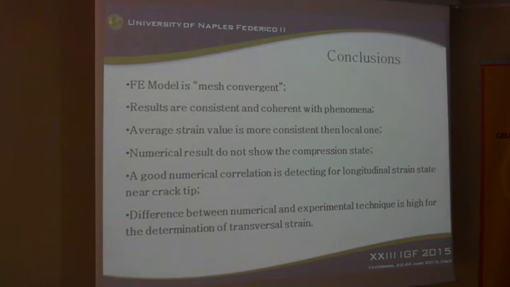In conclusion, we have created a convergent mesh model. The results are consistent and coherent with the phenomena. The average strain value is more consistent than the local one. The numerical results do not show the compression state. A good numerical correlation is found for the longitudinal strain near the crack tip. The difference between numerical and experimental results is higher for the transverse strain.